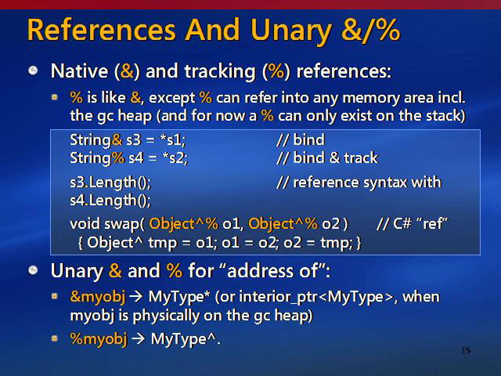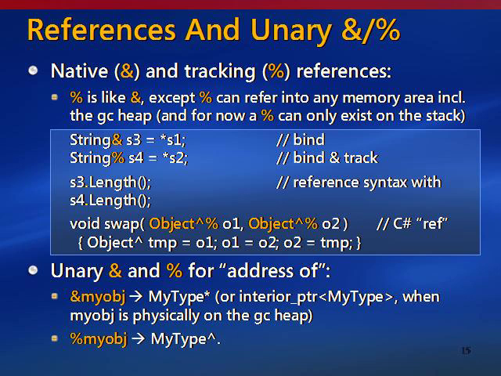And so a percent is kind of like a handle, but the compiler takes care of doing the reference stuff. What you'll see is if you want to use something like the ref keyword from C#, you would just use percent and reason about it in the same way that you would the ampersand in C++. So when I call swap, I only need to pass the two arguments. I don't need to take the address of them and pass pointers or anything like that.